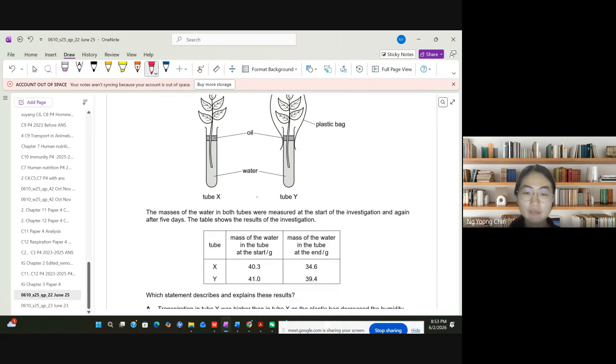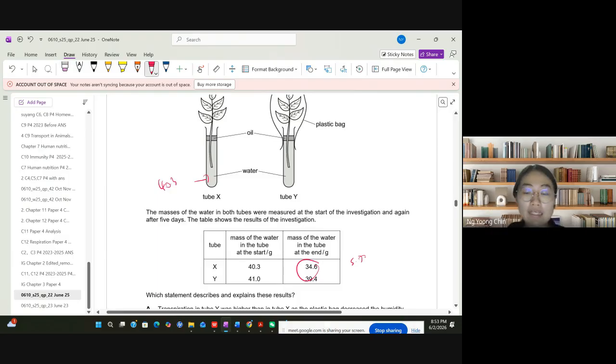They refer to the weight of water. After they finish the experiment it becomes 34.6, so how much water did they lose? 40.3 minus 34.6 gives 5.7. You lose about 5.7 of water.